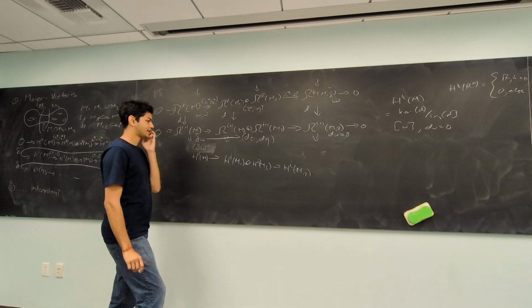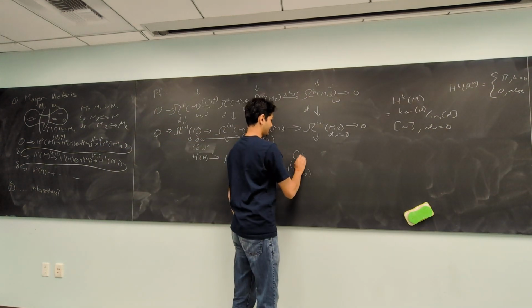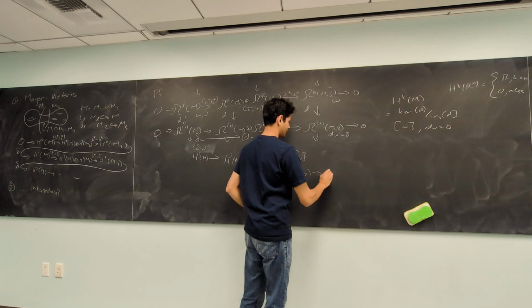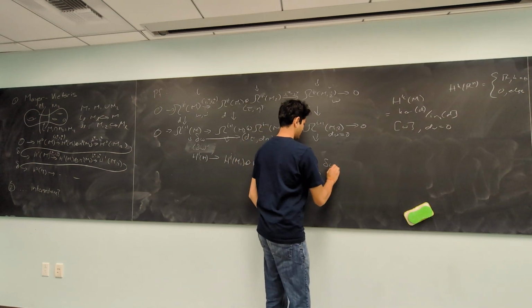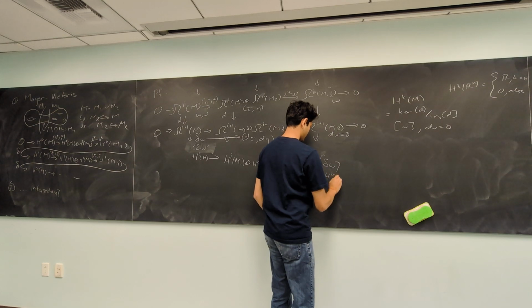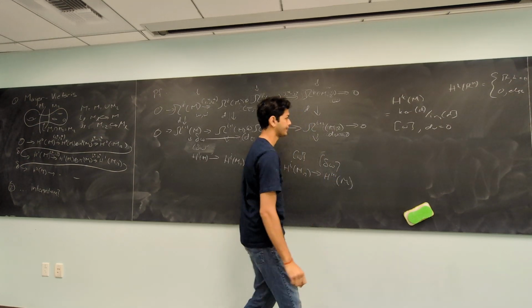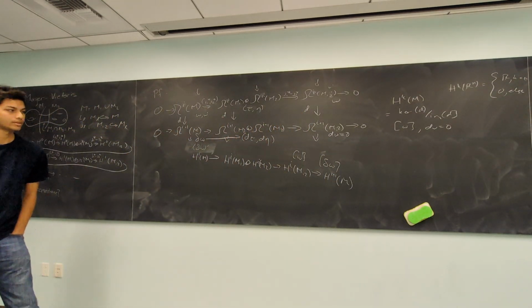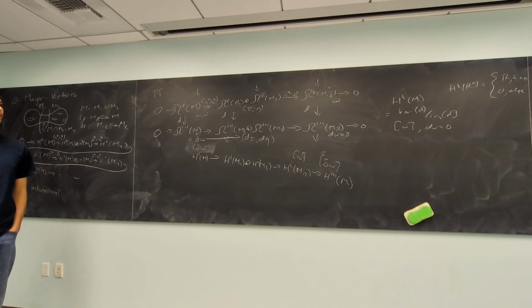But what that tells us is that if we have a differential form over here, omega, then what we end up getting is a differential form delta omega on H^(i+1) of M. Any questions on the formal algebraic thing that we just did in order to show that this is true?